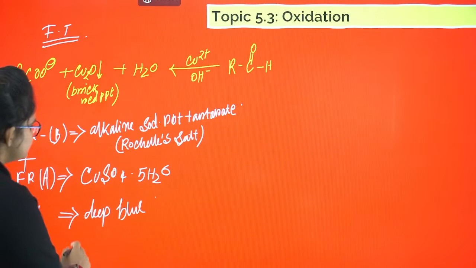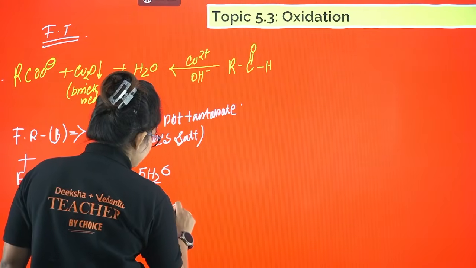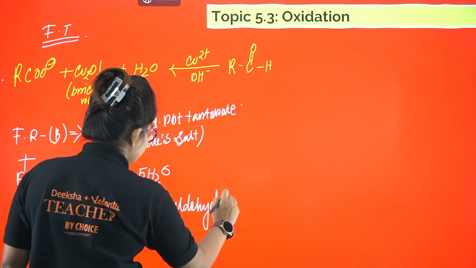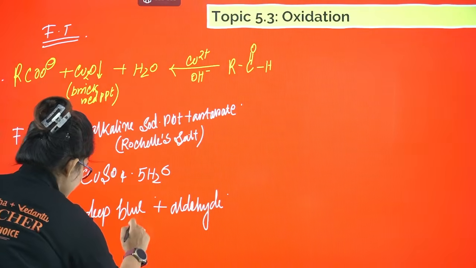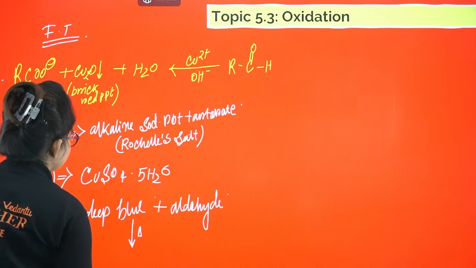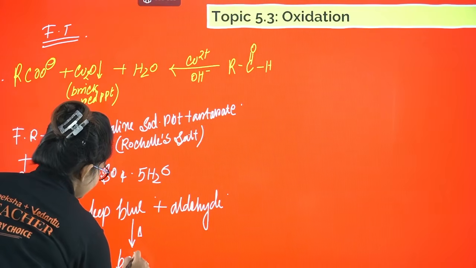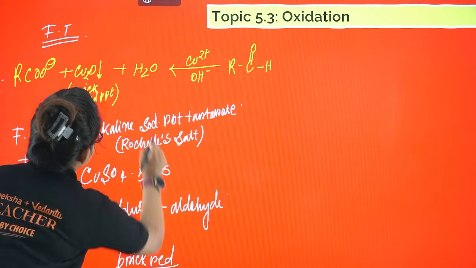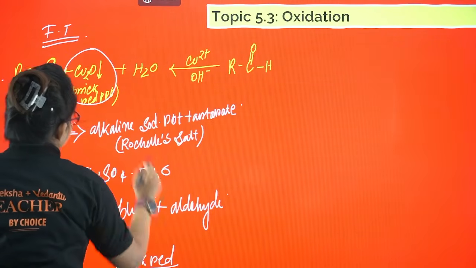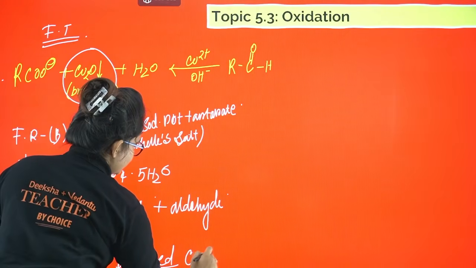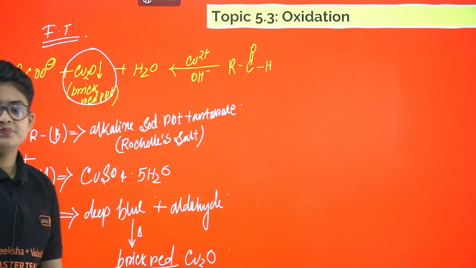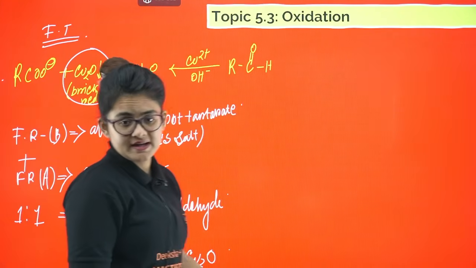Now when this deep blue colored solution is added with any kind of aldehyde, a little bit of heat may be needed, you will get the brick red colored precipitate of Cu2O. Then only you can tell, yes, my compound contains an aldehyde group. I guess it's clear. This is all about the Fehling's test.